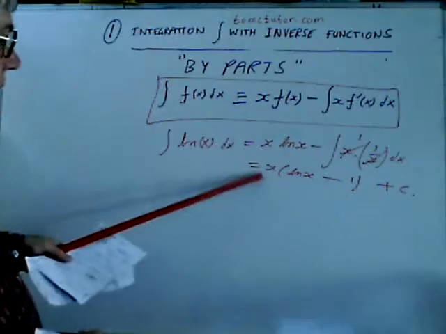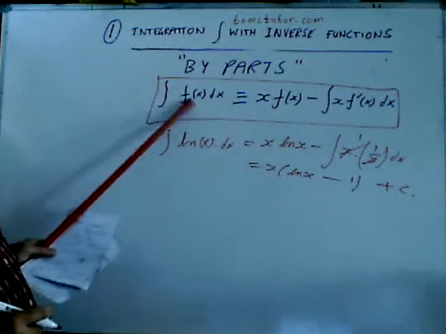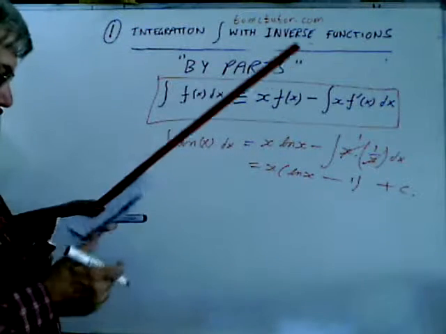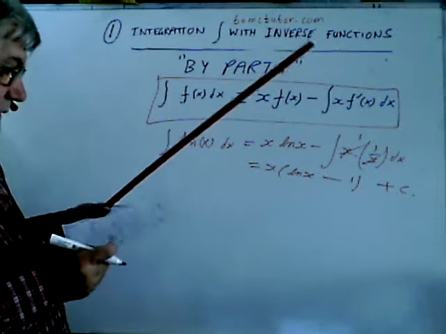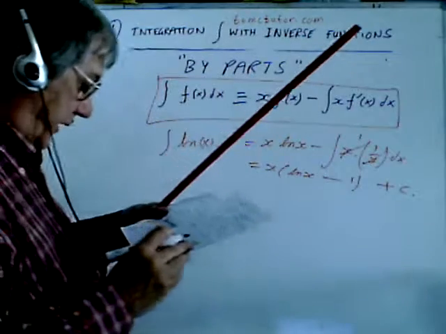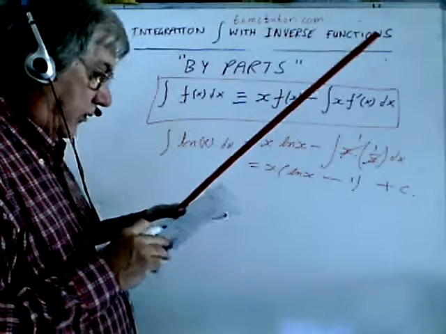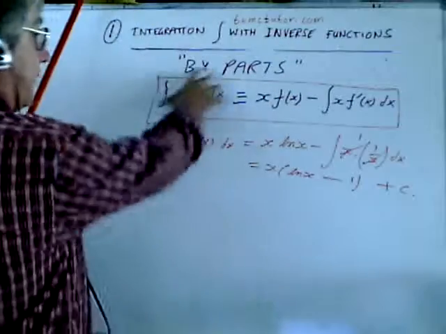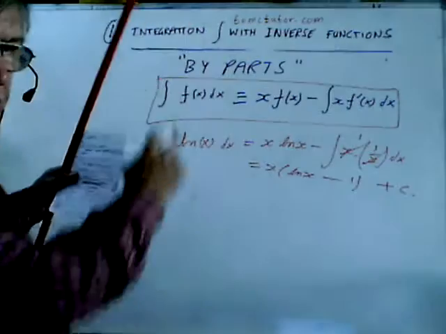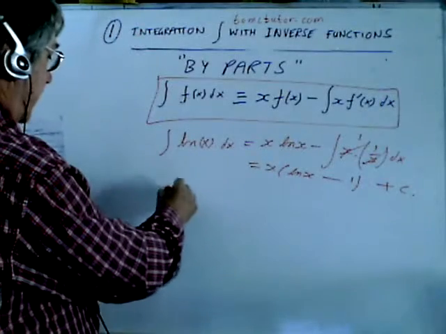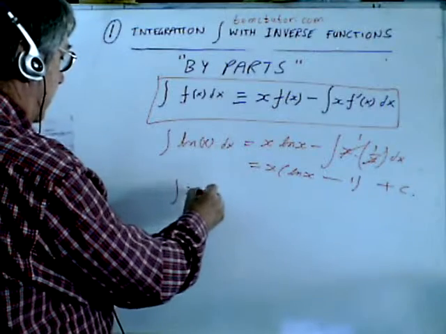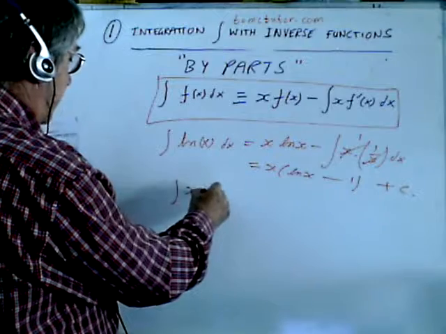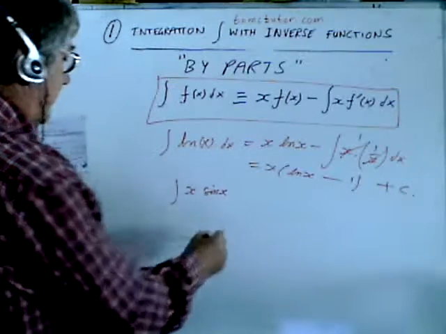So there's a typical example explaining how to do it by parts. When you're doing inverse functions, it is extremely useful. So make sure you know how to do it by parts, and all its different variations, of course. You look at questions, you see things like the integral of x times sine of x or something like that.